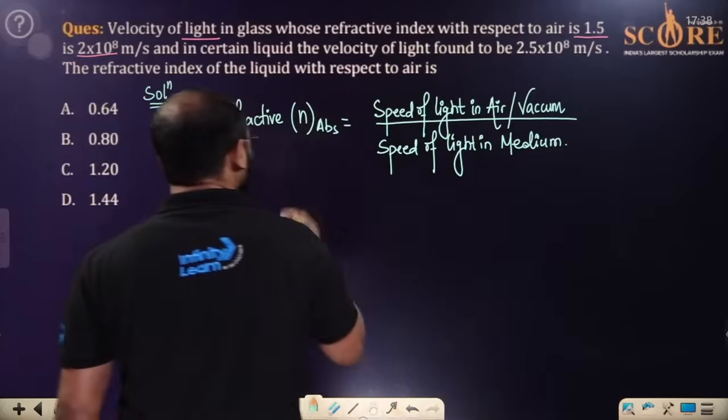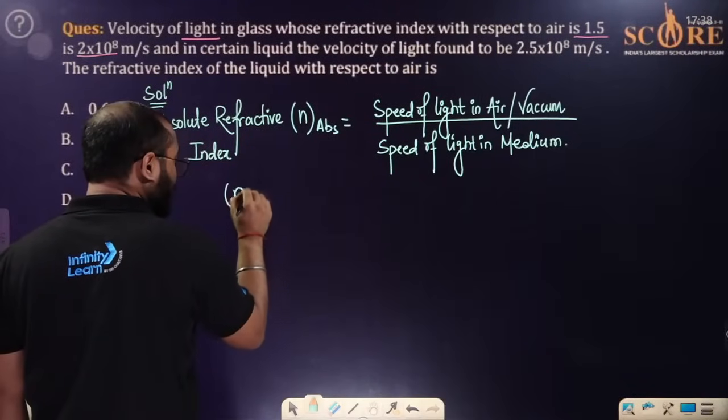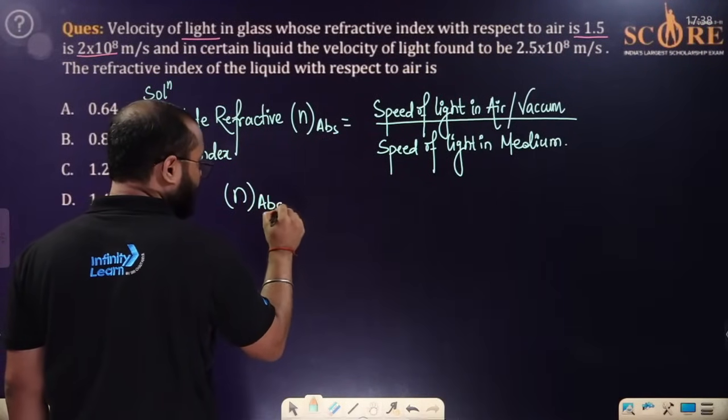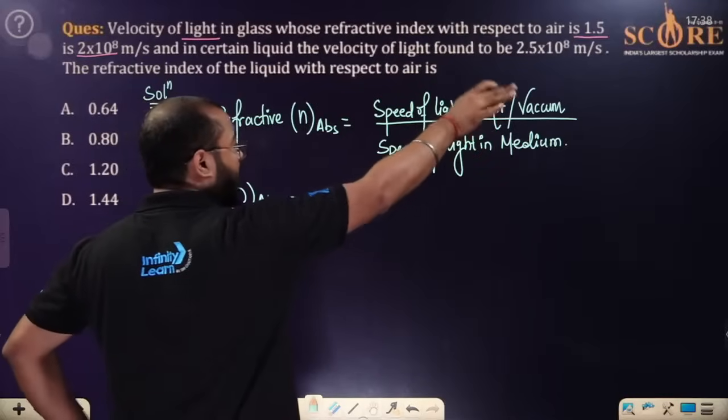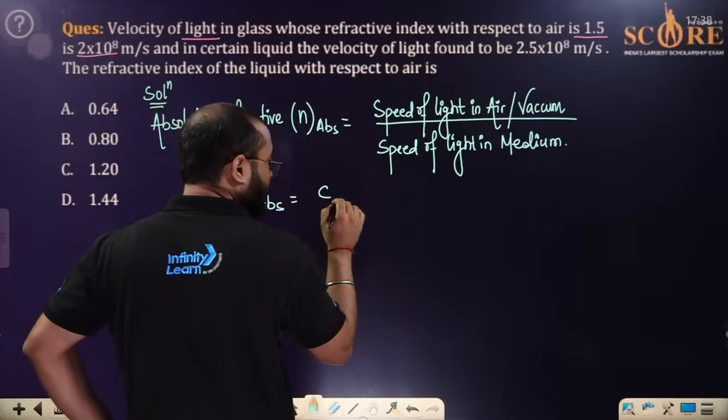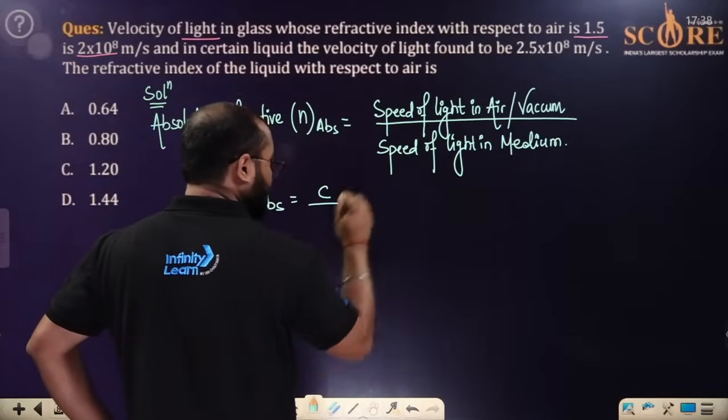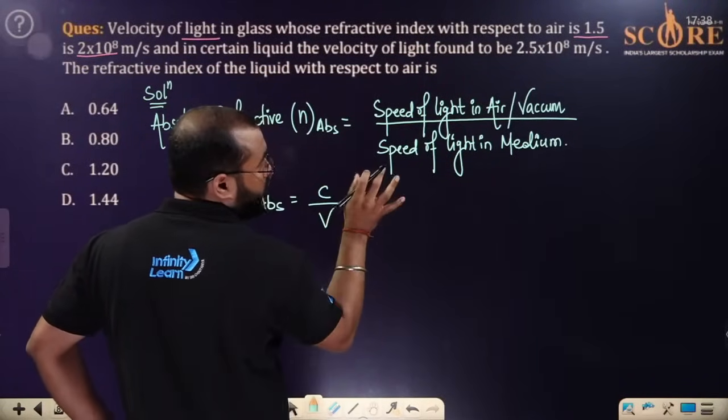That is given. So the speed of light in air and vacuum is c only, which equals c divided by the velocity of the light in the medium.